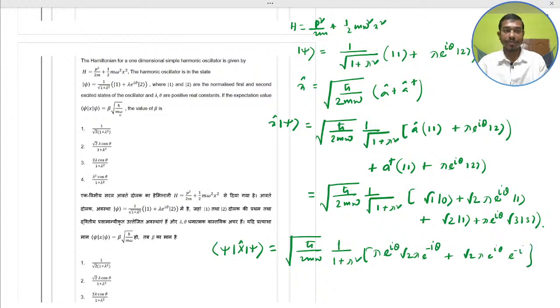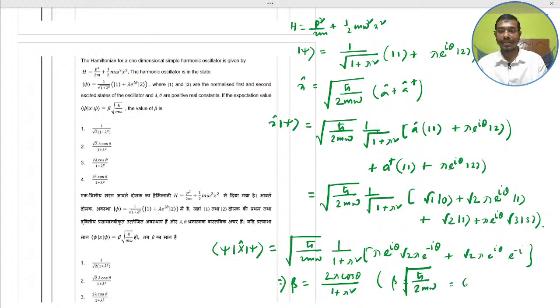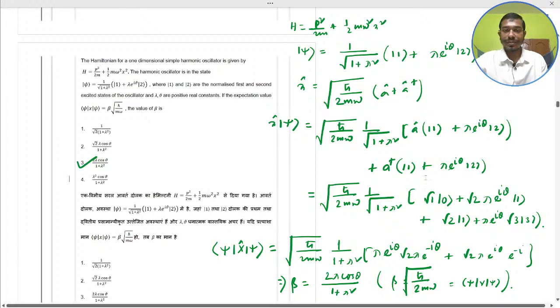Compare this value with this result, which implies the beta value would be 2 lambda cos theta by 1 plus lambda square, because beta is given with the factor h cross by twice m omega in psi x psi. So comparing, it is twice lambda cos theta by 1 plus lambda square. Option C would be the correct one. Next, go ahead.